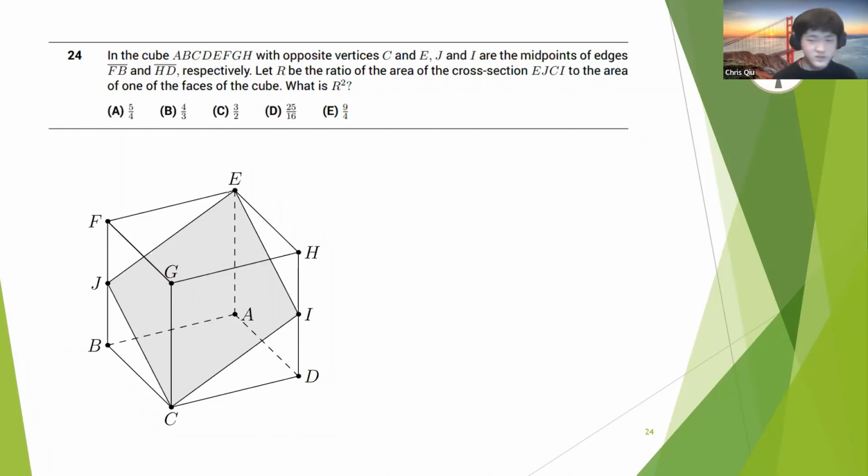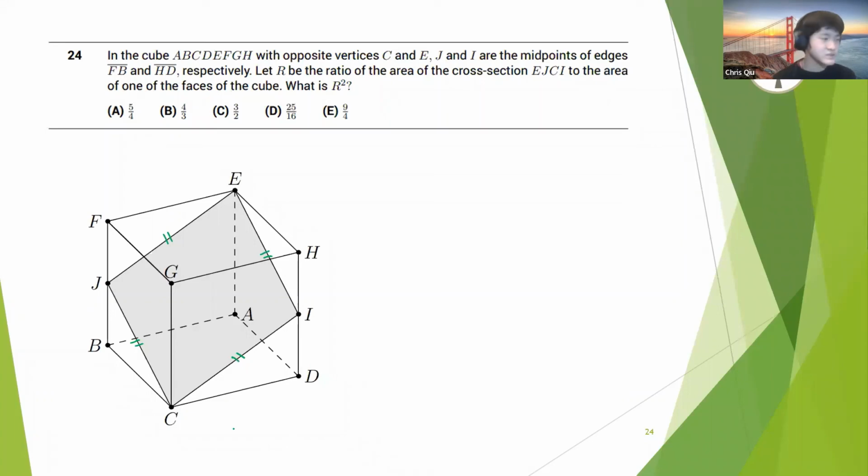So we can ask ourselves, what is the shape of this quadrilateral? One thing you can notice is that since J and I are midpoints of their respective edges, JC, JE, EI, and IC all have the same length.